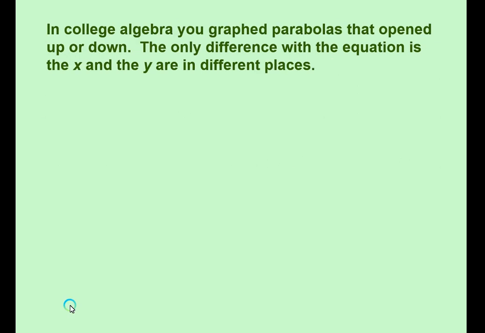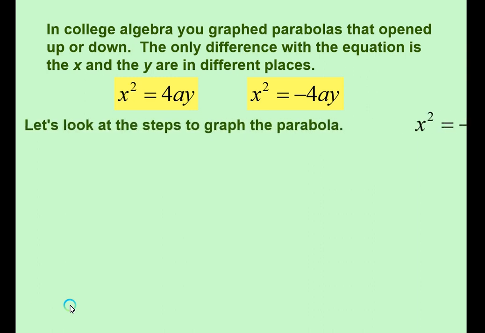Take note, if you could recall, that in your previous topics on algebra, you have already performed graphing. This includes graphing of parabolas that either open upward or open downward. The only difference with the equation is that x and y are in different places. For example, we could have the equation of a parabola x squared is equal to 4ay, or x squared is equal to -4ay.